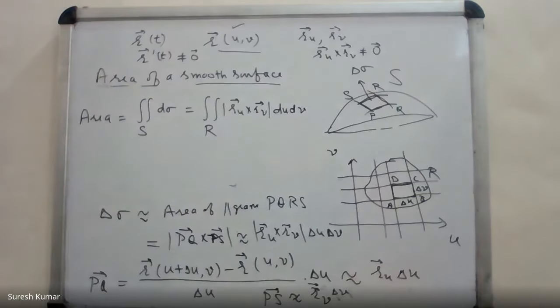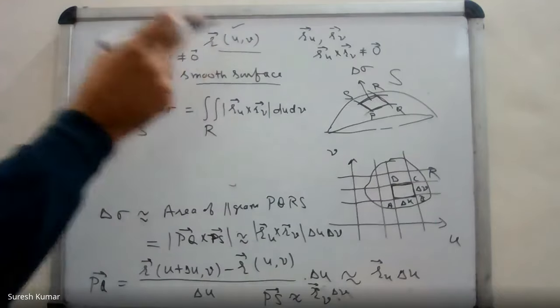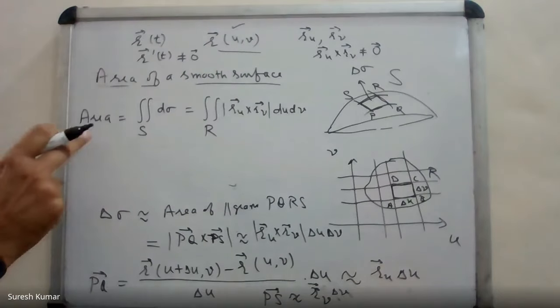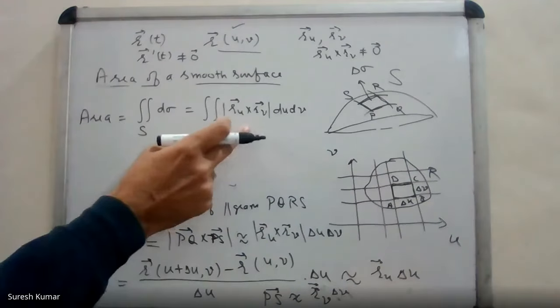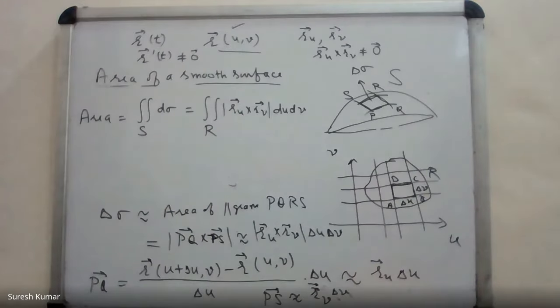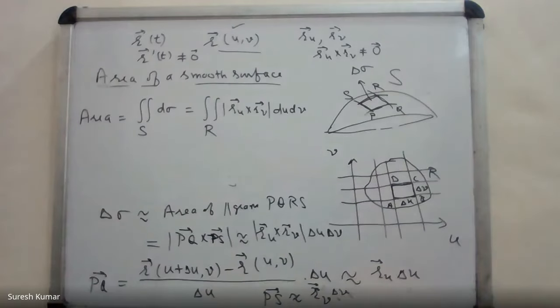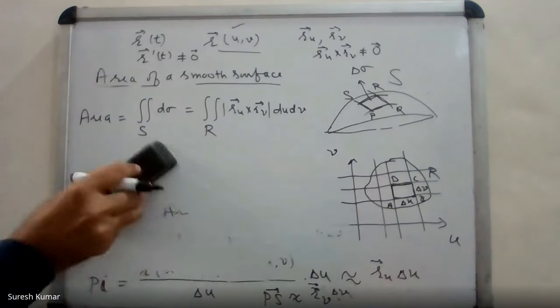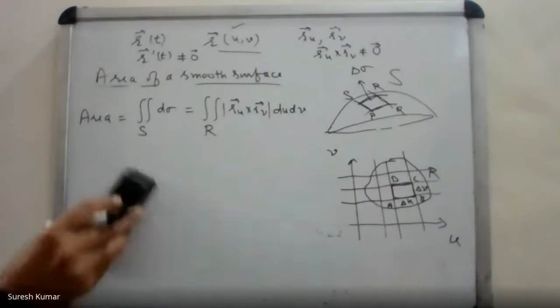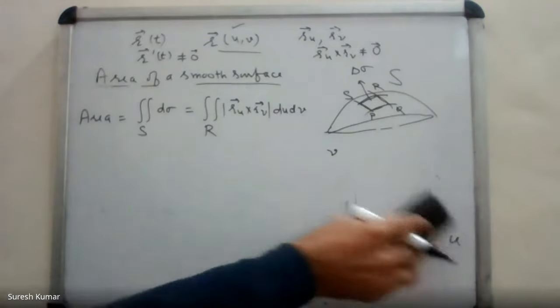Very important formula. Keep this formula in your mind. If the surface is parameterized by u,v, then its area is given by this formula. What is R? R is the domain or region of the u,v parameters corresponding to the surface. Alright? Okay, let us do some problems using this formula.